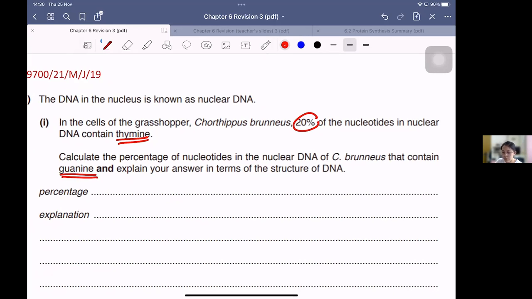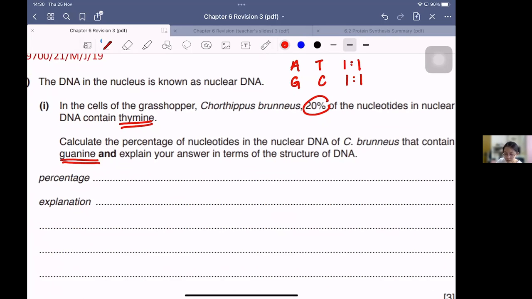As we know, the ratio of A to T is a 1-to-1 ratio, and G to C is also a 1-to-1 ratio. So if for thymine we have 20%, of course adenine will also have 20%. So we take 100%, minus 40%, the 40% containing thymine and adenine, and we get 60%.